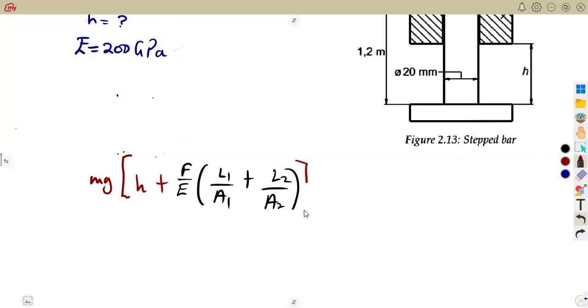So this is what we had, and it was equal to the gain in our strain energy, which we said, factoring out that F squared, which is common. So let's just try and see if it is going to work out.